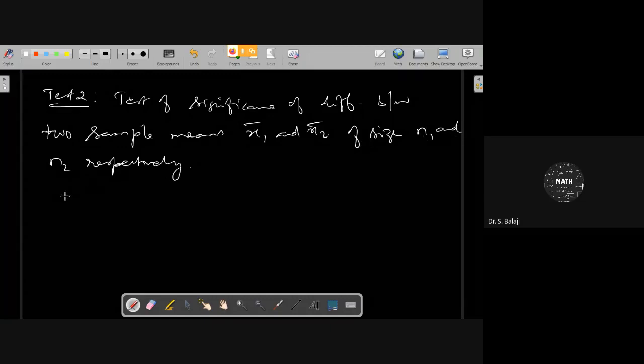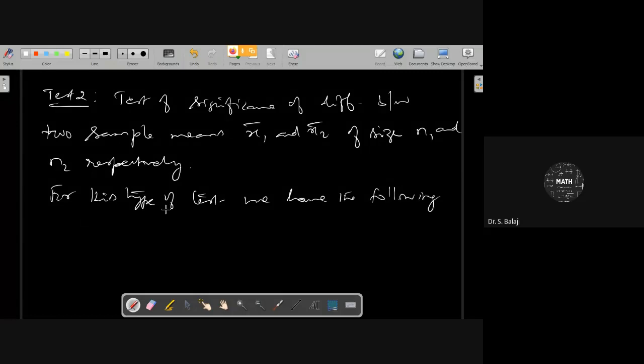For this type of test, we have the following test statistics, based on the n1 and n2 values.